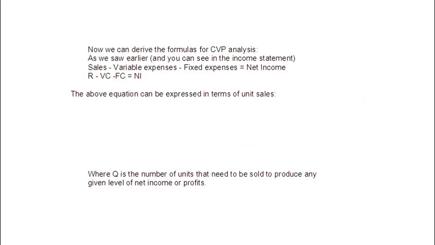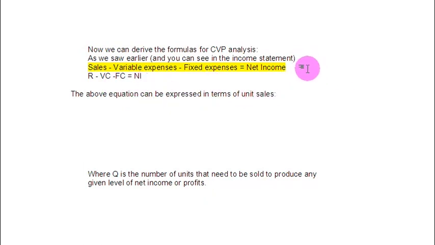Okay, well hopefully now you have a visual, a picture of the income statement and the relationships between those items. Let's build on those relationships and actually derive the formulas for cost volume profit analysis. It's all based on the income statement. So here it is.